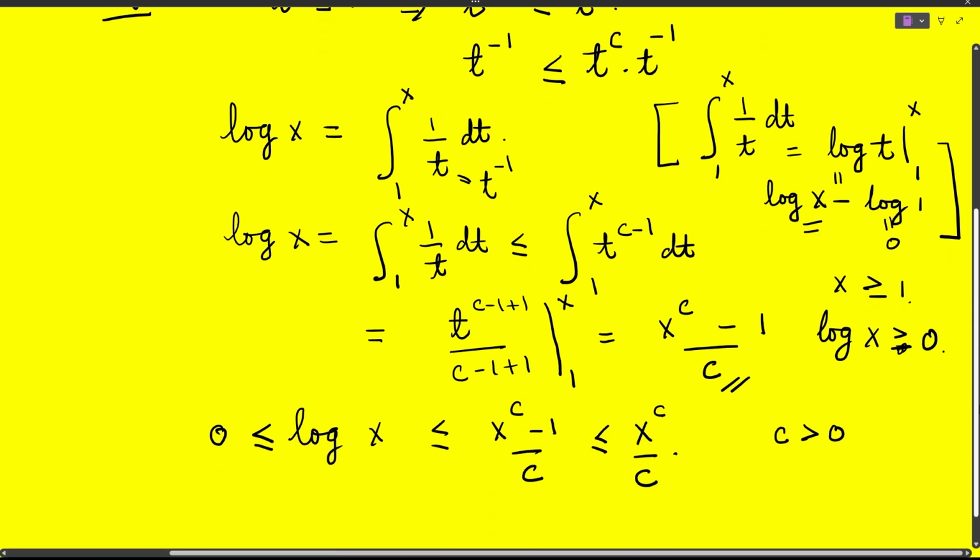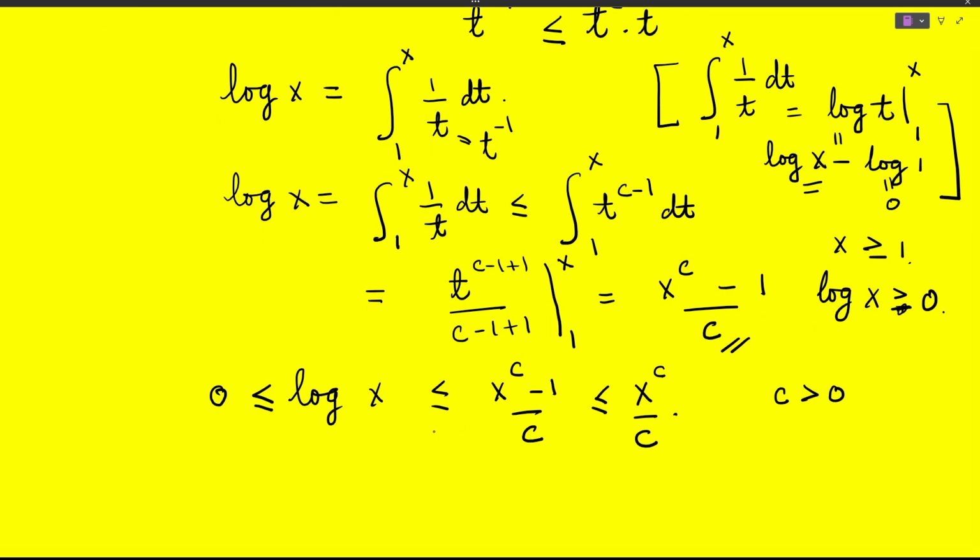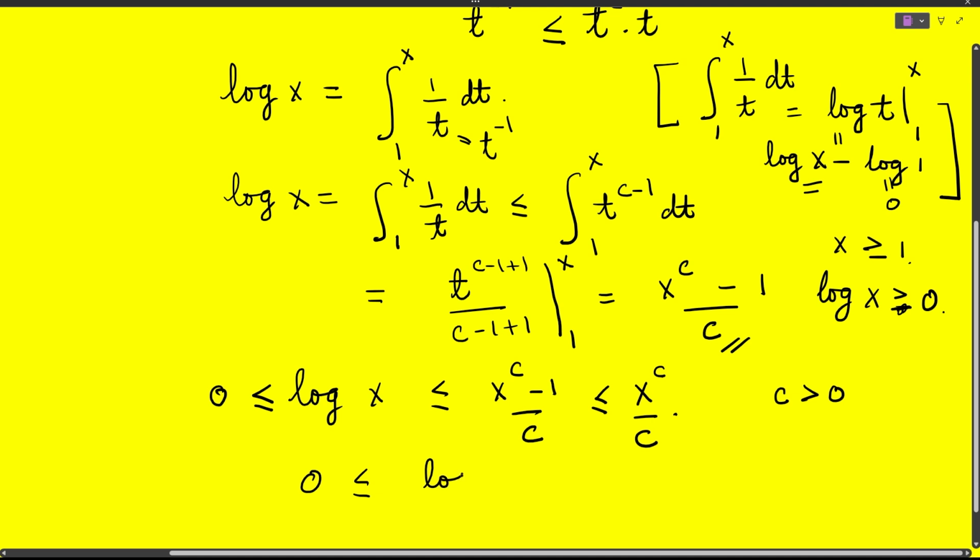Using that, I can raise this to the power b on both sides. So 0 is less than or equal to (log x)^b, which is less than or equal to (x^c divided by c)^b, and then you divide by x^a on both sides.